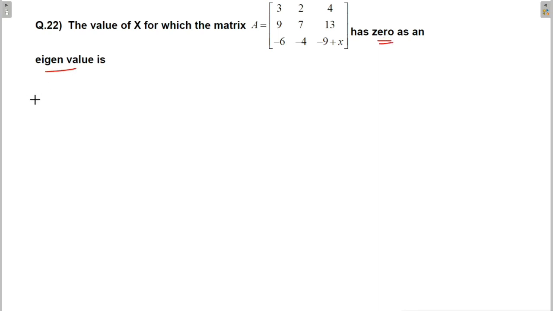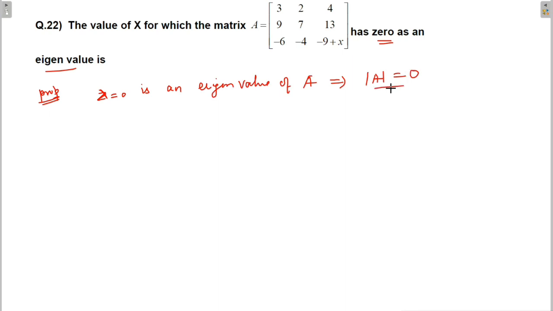So by property, lambda equal to 0 is an eigenvalue of the matrix A. Definitely you can get determinant of A is equal to 0.